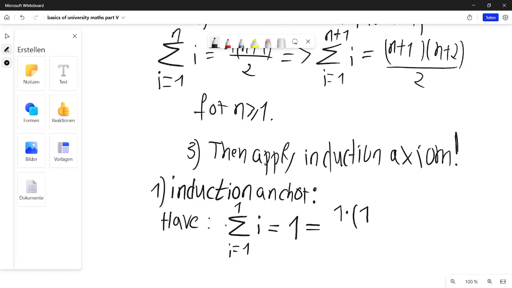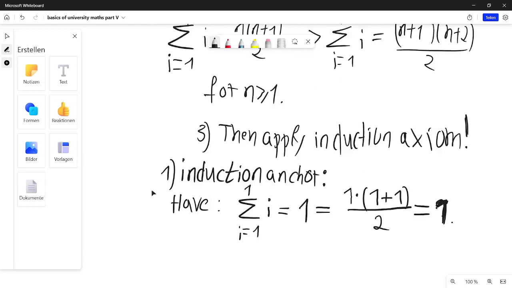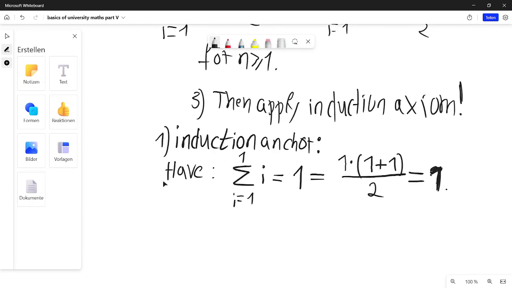Our formula was n multiplied by n plus 1, divided by 2, but now n is equal to 1, which is indeed 1. Right, 2 divided by 2. I think that much I can still calculate, even though I'm a mathematician.